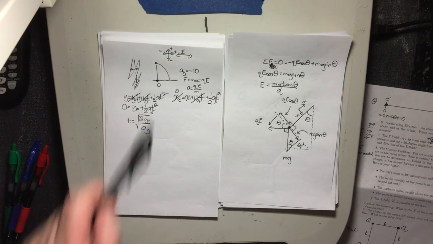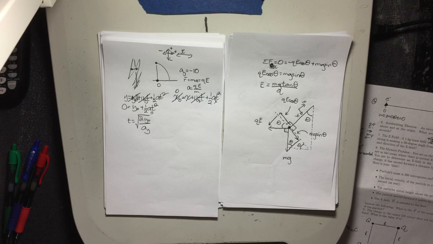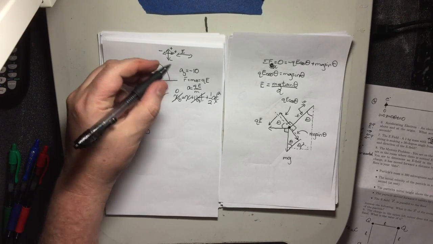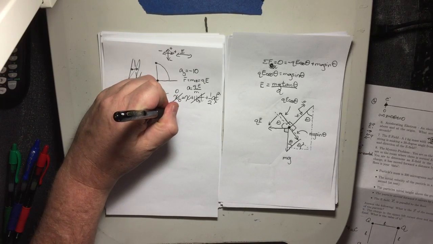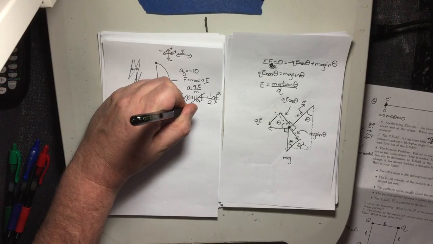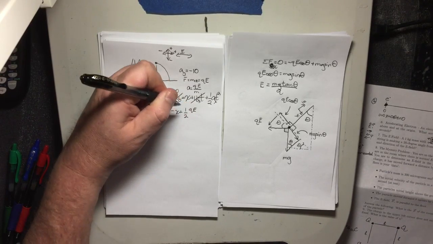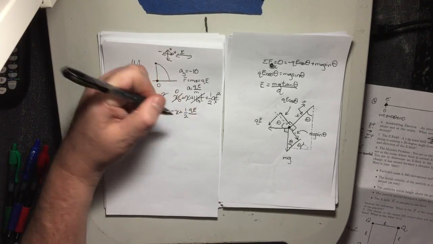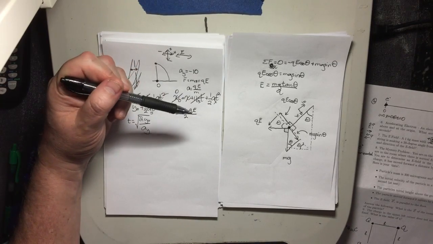The horizontal force, the force due to the electric field on the charge, had no effect on the vertical motion, only horizontal. So now, negative x is equal to 1/2 QE over m times t squared.